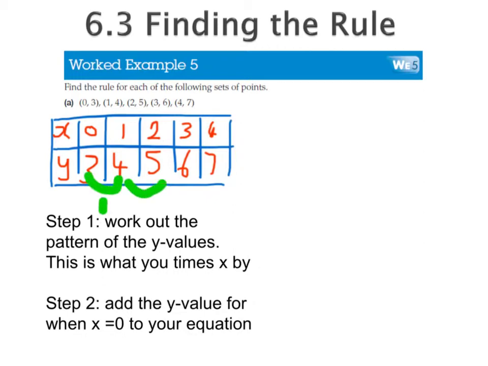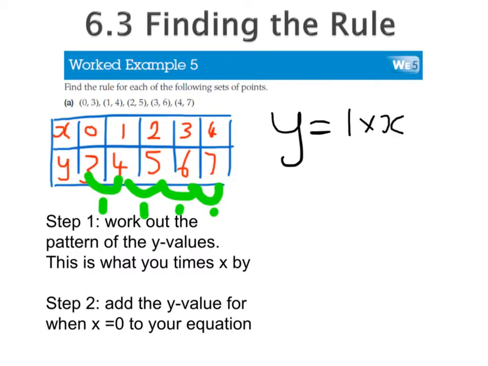So that's our pattern. What this means is this is what we're going to times our x value by. If I have a normal equation, it will be y equals 1 times x.